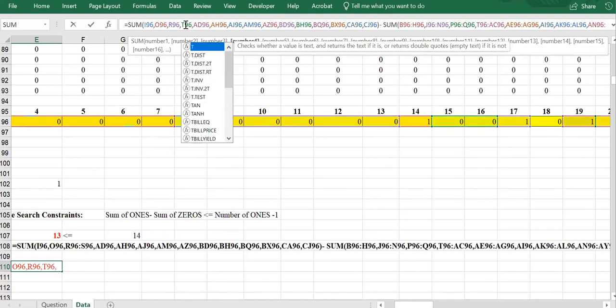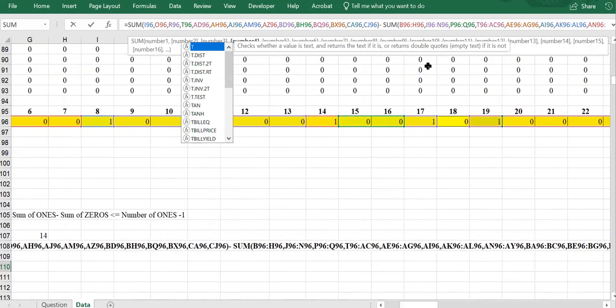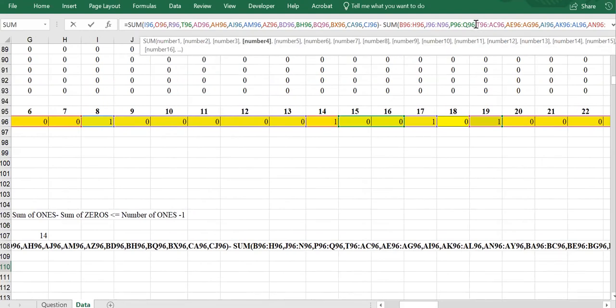So I change this to T. And here, instead of T, now I need to add T and exclude S. I need to add S to my zeros and exclude T's.